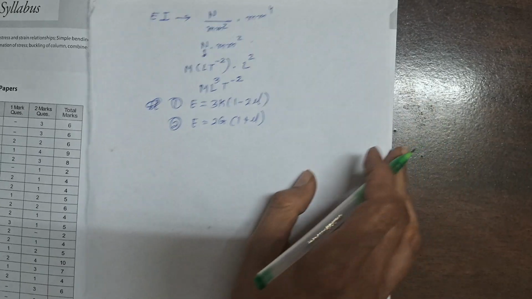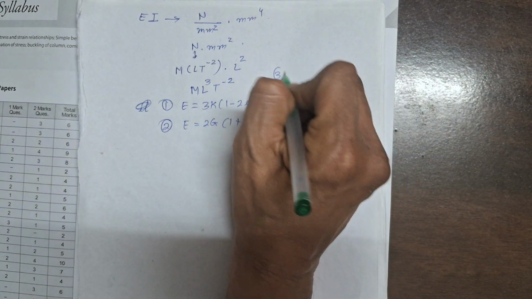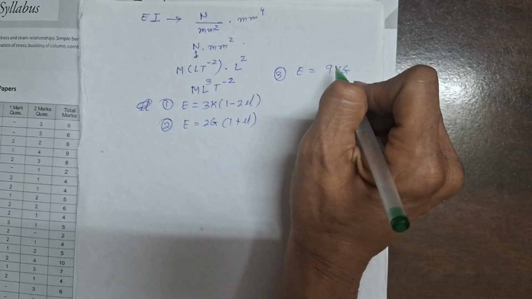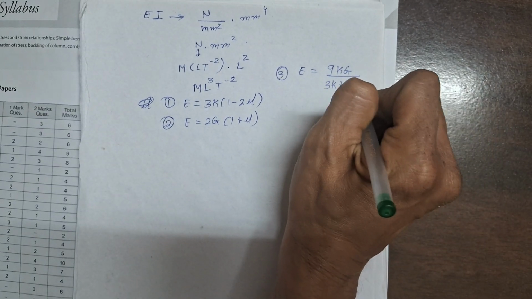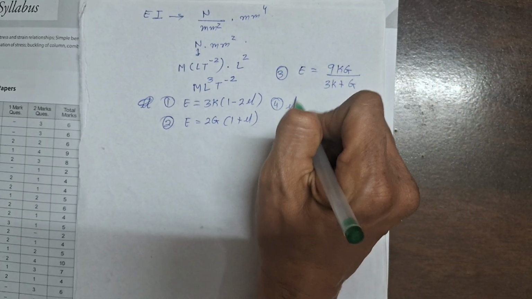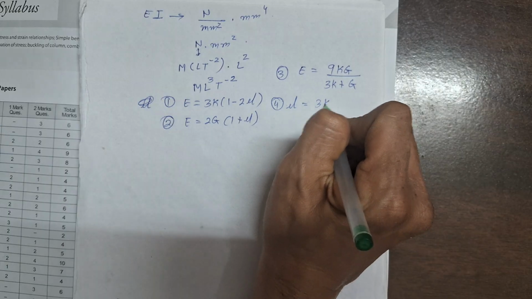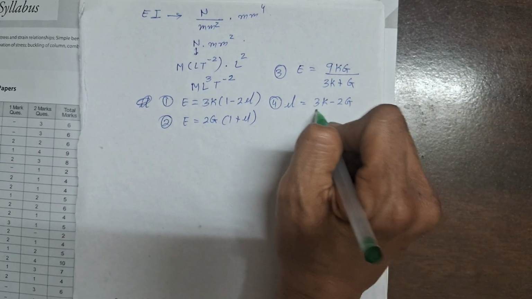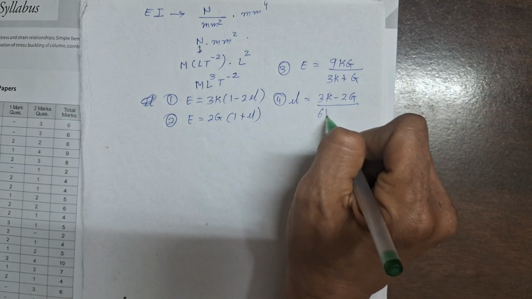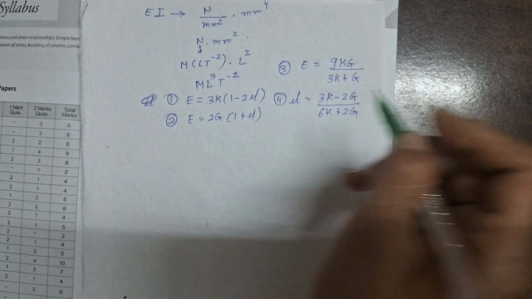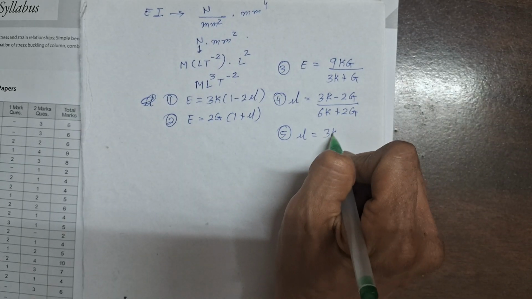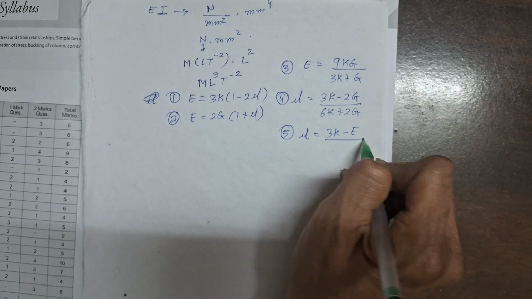In the same way you can remember a third formula, E is equal to 9KG upon (3K plus G), and for Poisson's ratio, mu is equal to (3K minus 2G) upon (6K plus 2G), and one more formula you can memorize, that is mu is equal to (3K minus E) upon 6K.